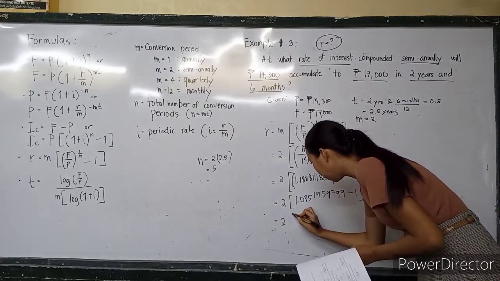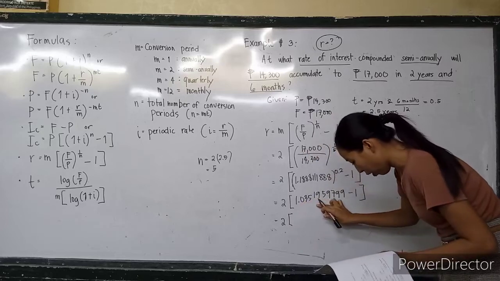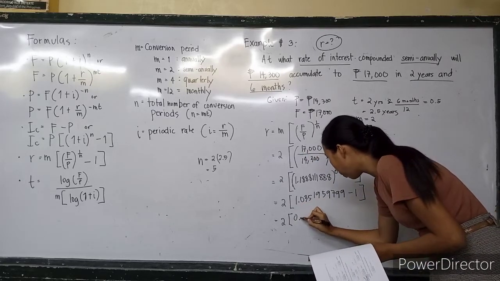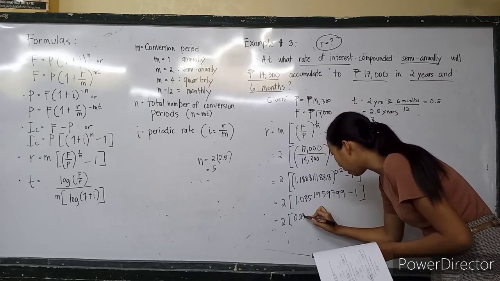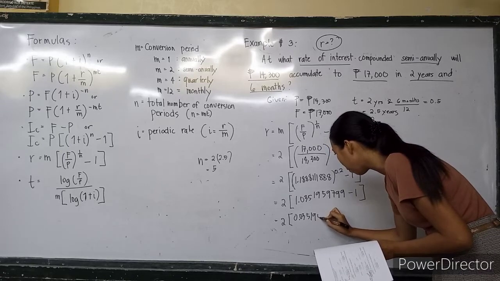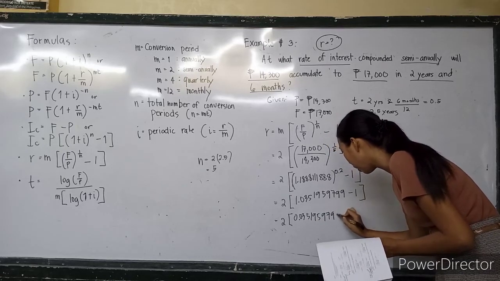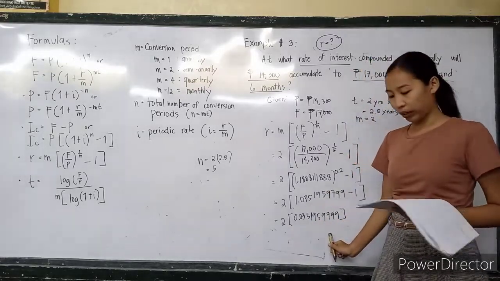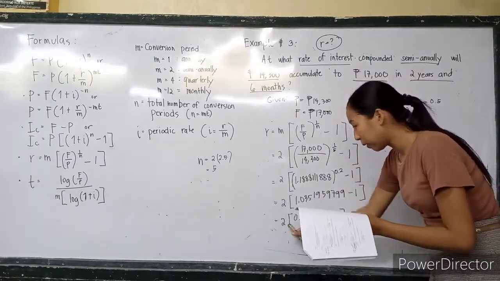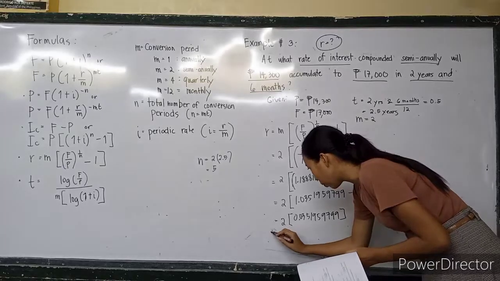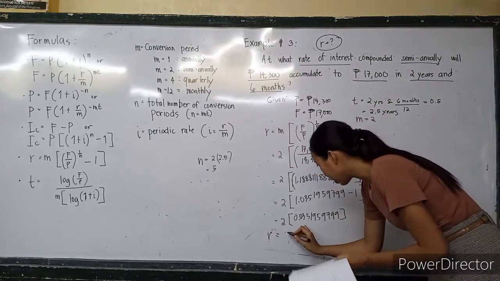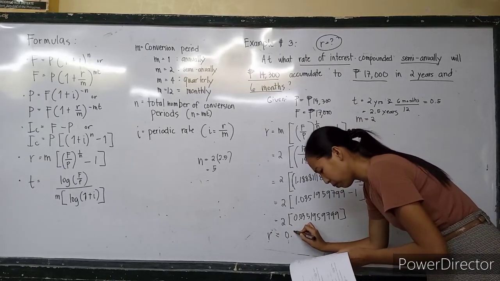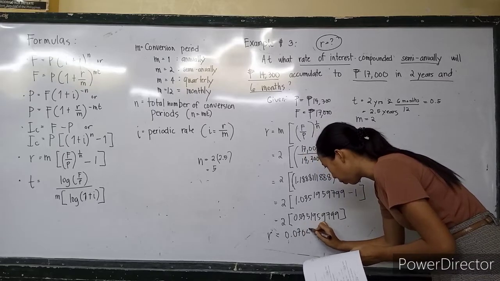2 bracket tapos kopyahon lang nato ni tanan, 0.0351959799. Karon, ato na siya i-multiply. So, kung ato na i-multiply, your rate now is 0.0704.